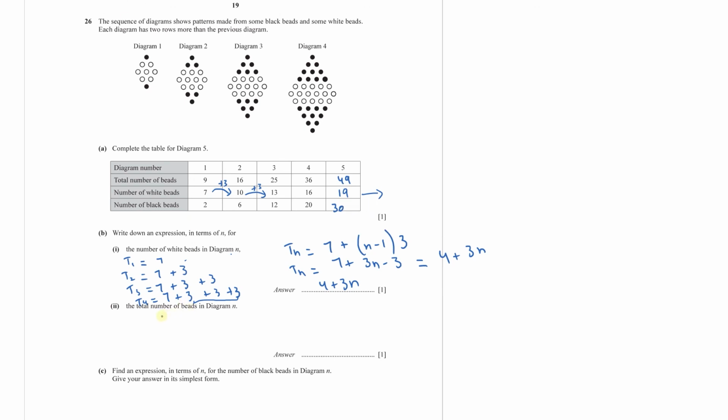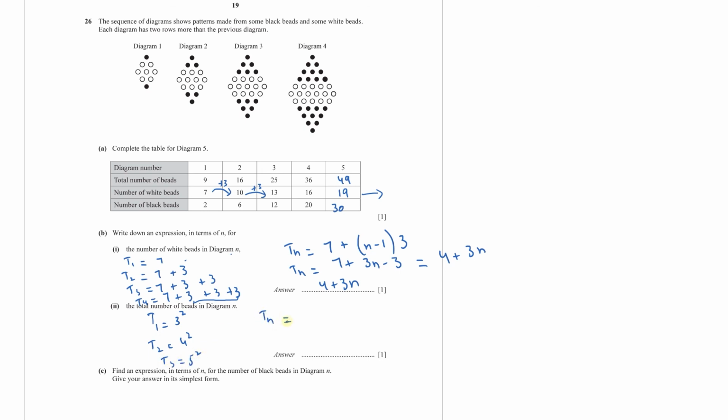Oh, this is straightforward. This is actually something squared, right? Because the total number of beads in diagram n is simply 3 squared, 4 squared, 5 squared, 6 squared. So your T1 is 3 squared, your T2 is 4 squared, your T3 is 5 squared.